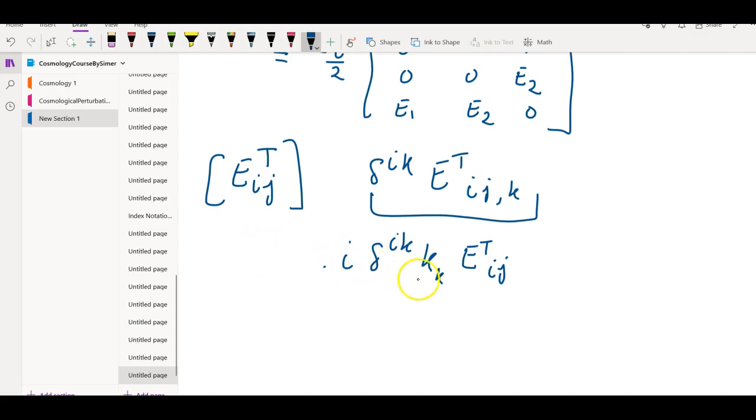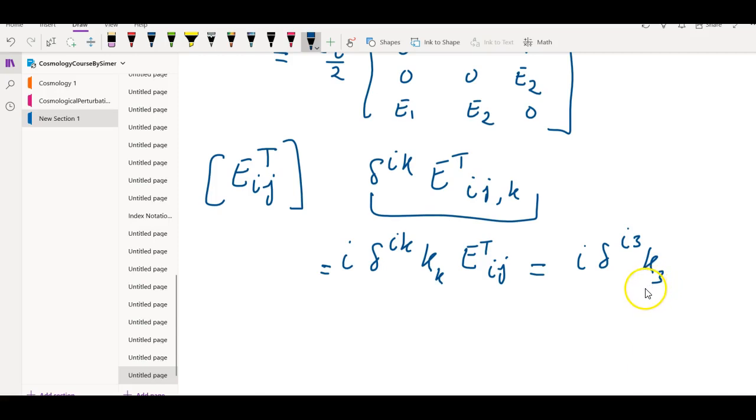Which means that when we contract this on K, because the other components are 0, we will be having delta I3 and K3.